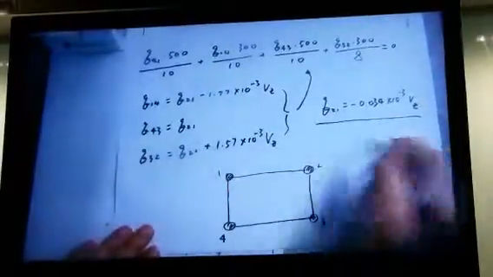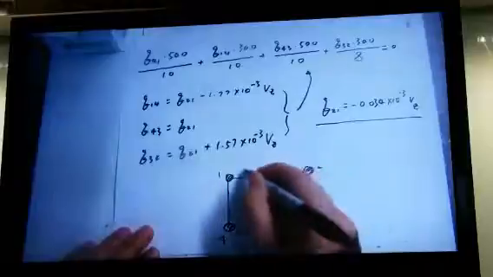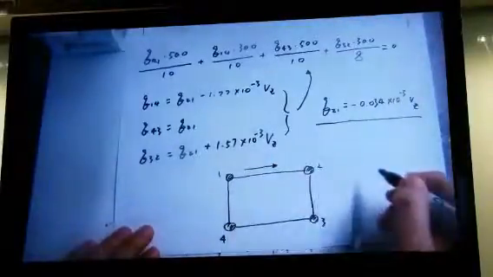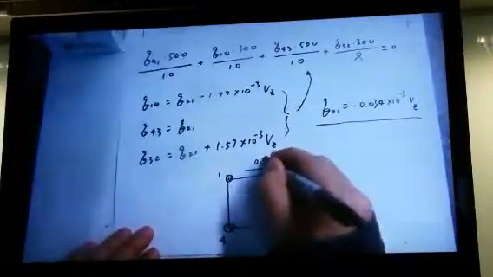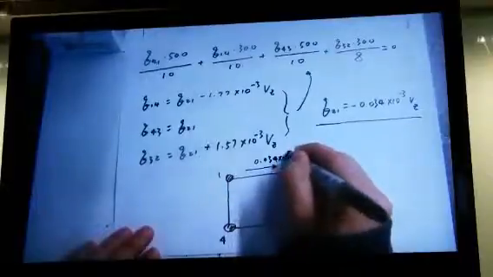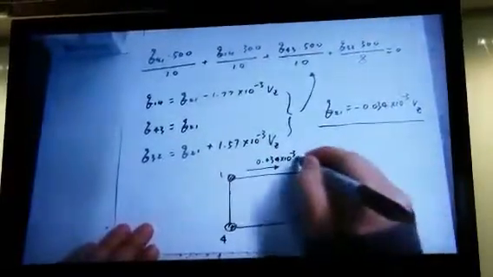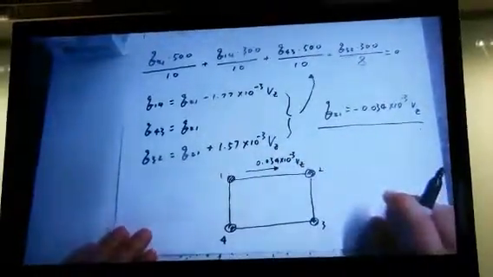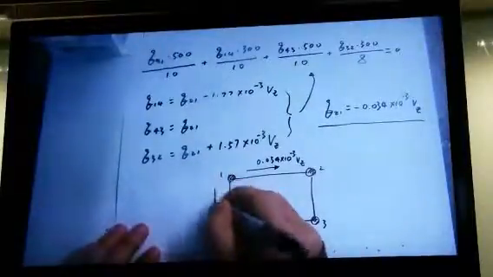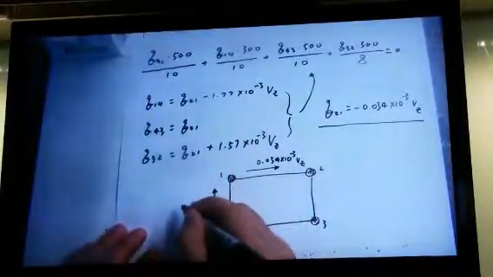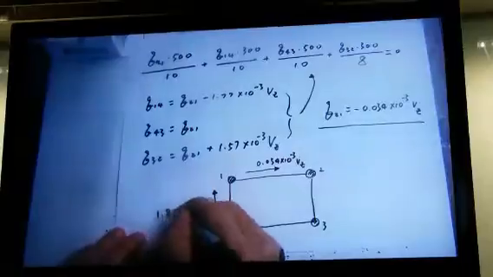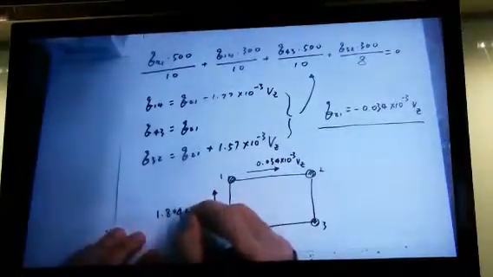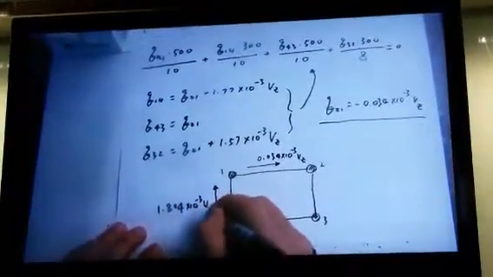Right? Q21 is negative, that means 1 to 2 should be positive. So it's 10 to the minus 3 VZ. And this one is 18.4 times 10 to the minus 3 VZ.